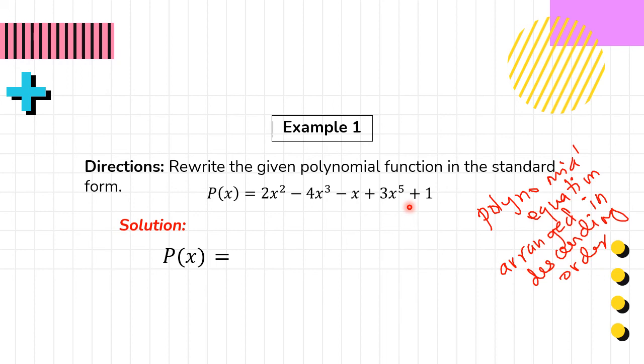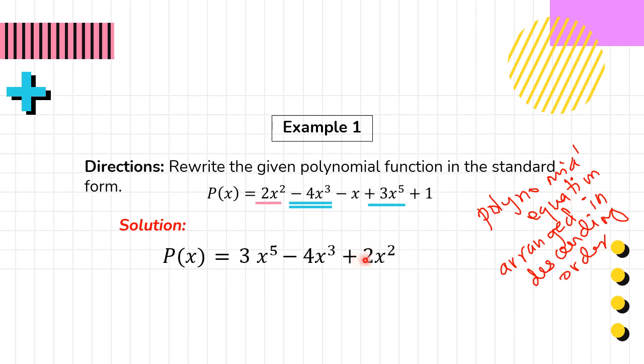So, pag sinabi descending order, simula sa may pinakamataas na exponent, papunta sa pinakamababa. Alin yung may pinakamataas na exponent natin dito? Okay, very good. That is 3x raised to 5. So, dapat siya yung mauuna. Okay? Followed by, alin yung kasunod na may pinakamataas? We have negative 4x cubed. So, dapat siya yung kasunod. Followed by the highest exponent, we have 2x squared.